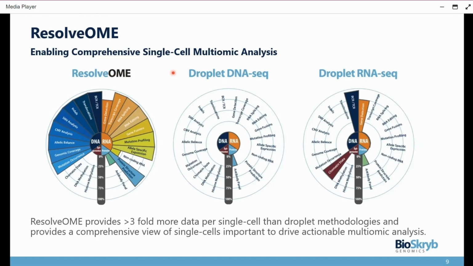The schematic in this slide shows that even droplet-based methodologies cannot deliver the multi-omic analysis features in the same way that Resolve-Ohm can. In fact, Resolve-Ohm from BioScribe Genomics provides more than threefold data per single cell than droplet-based methods.